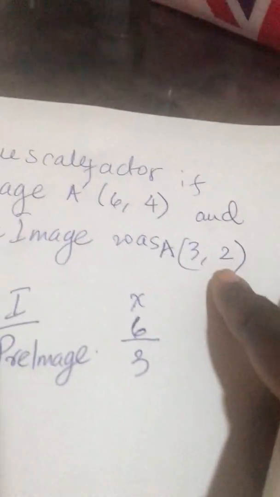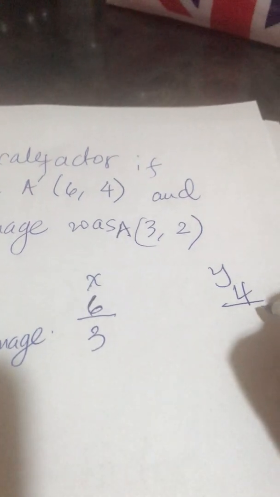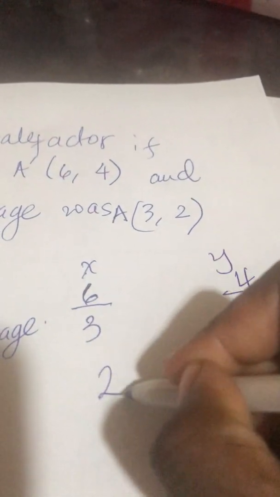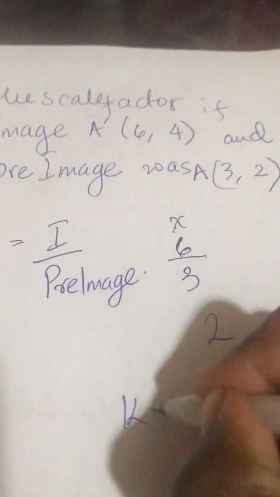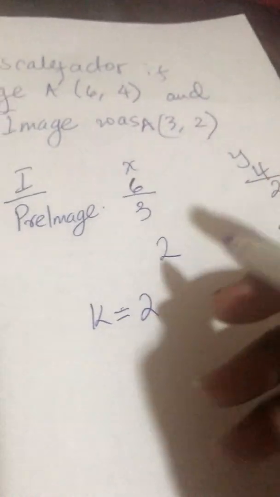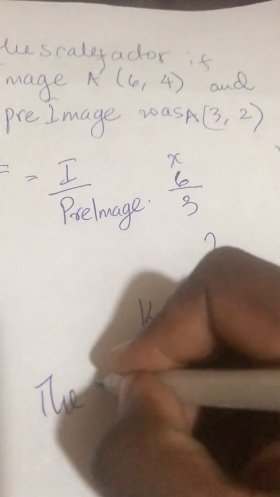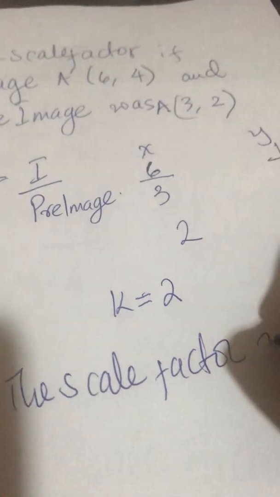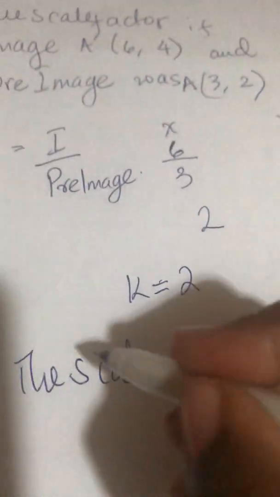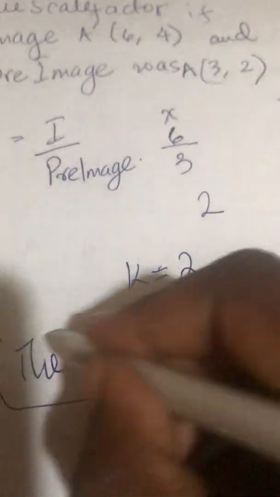My Y for pre-image is 2. 6 divide 3 is 2. 4 divide 2 is 2. So K equals 2. And you write the scale factor is 2. And this is your answer.